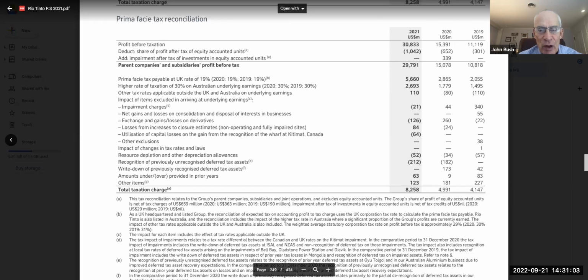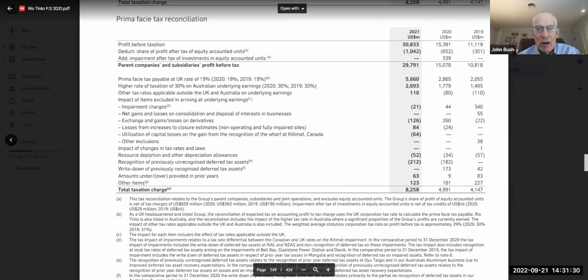And then we had some adjustments. And frankly, with Rio Tinto, the adjustments aren't all that large. You can see that they are relatively modest in amount. There's an exchange gain or loss on derivatives. Frankly, that means their foreign exchange gain or loss for whatever reason isn't subject to tax. And so they're doing that.